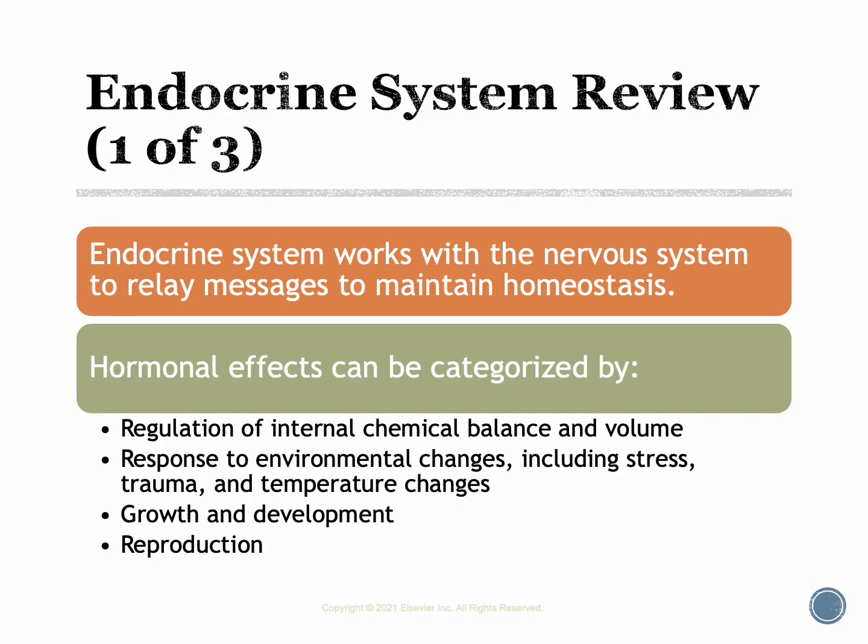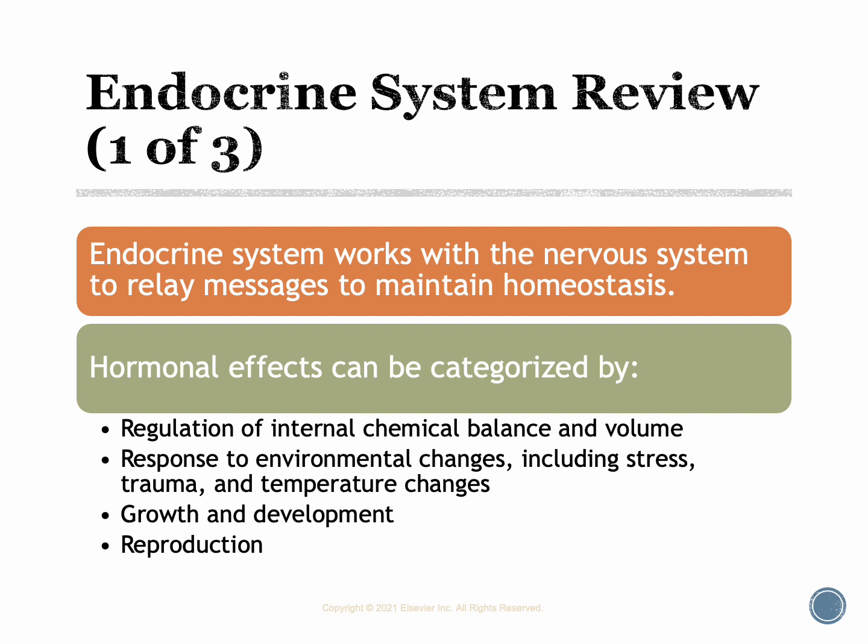As I also mentioned, the endocrine system works with the nervous system to relay messages to maintain that homeostasis. And hormones don't work that fast, right? However, even though they are slower to work than the nervous system, their effects are typically going to last longer. It's also important to take note that hormonal effects are categorized into 4 main groups, and these are on the slide here for you.